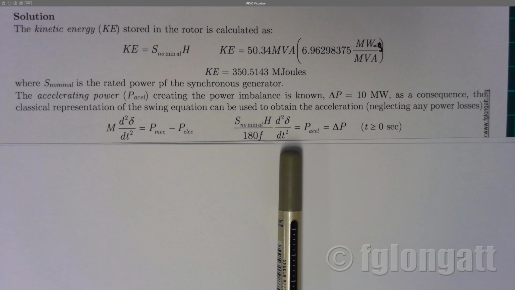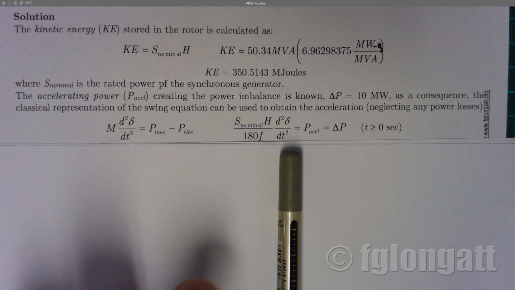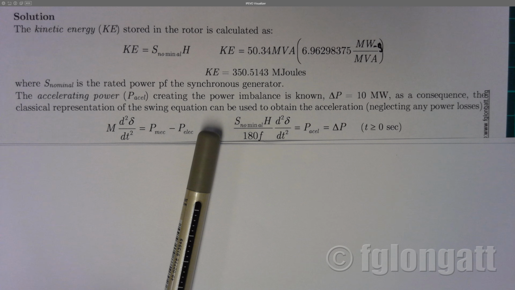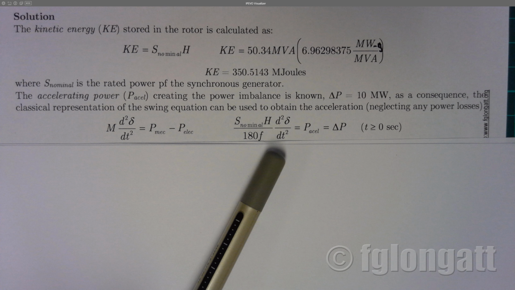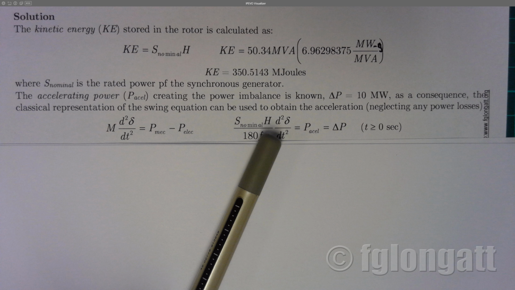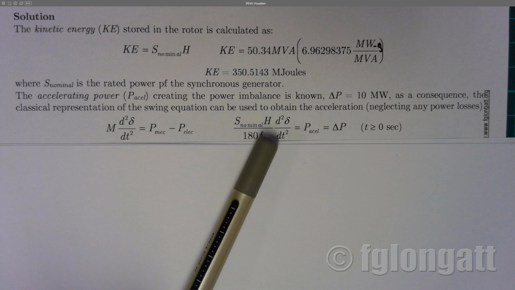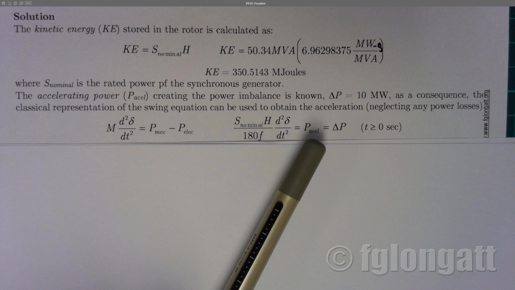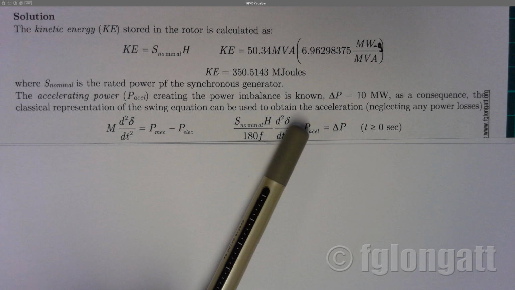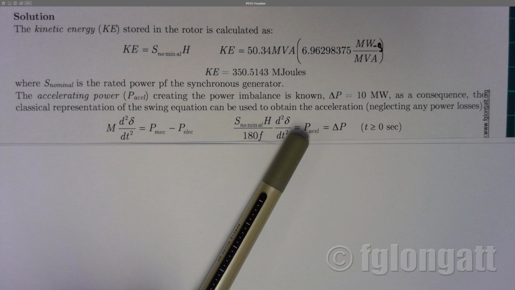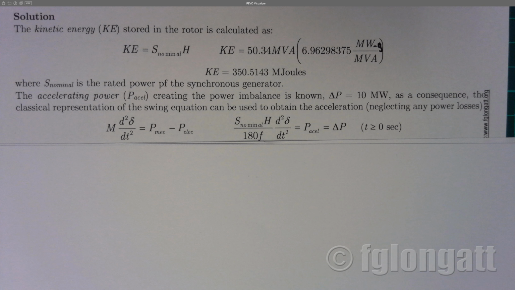In this case, the accelerating power is 10 megawatts, and that is happening inside the swing equation. In the swing equation, the second-order derivative in terms of the rotor angle is on one side, and on this side we have 10 megawatts accelerating this machine. We assume that this happens after t equals 0.